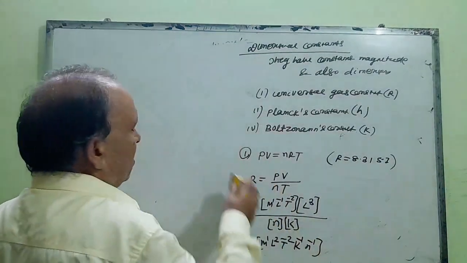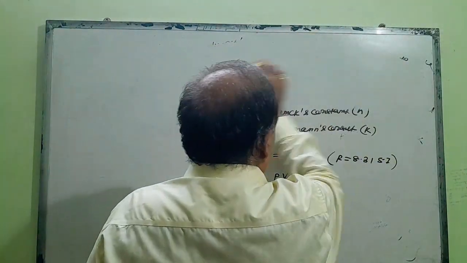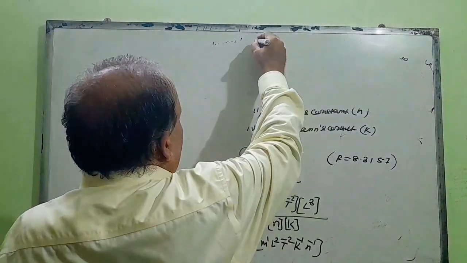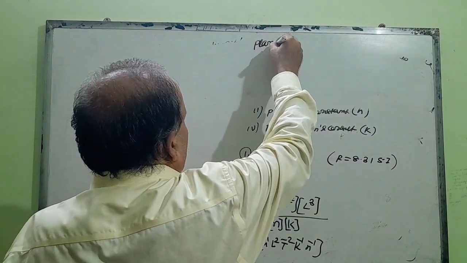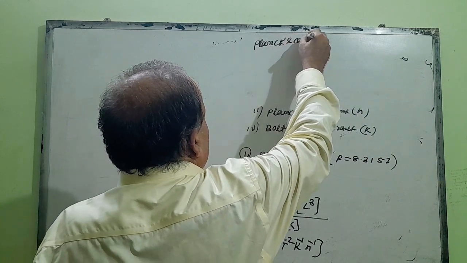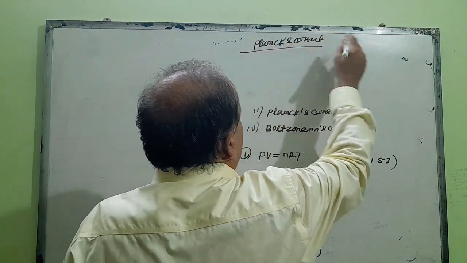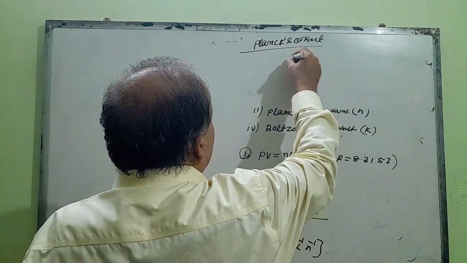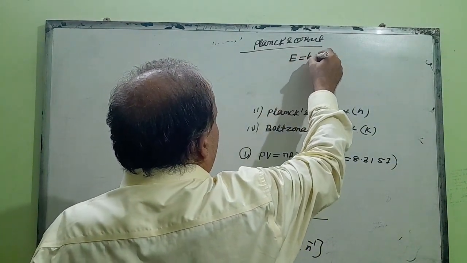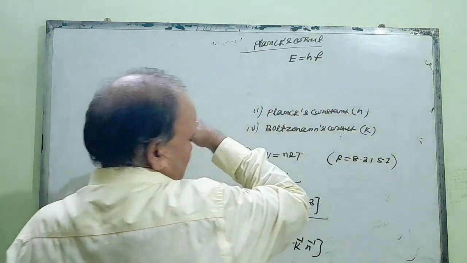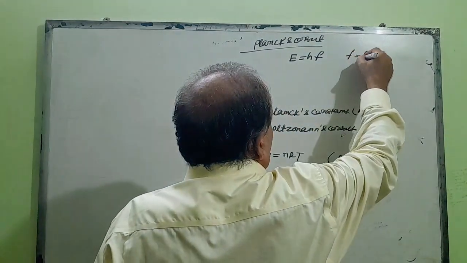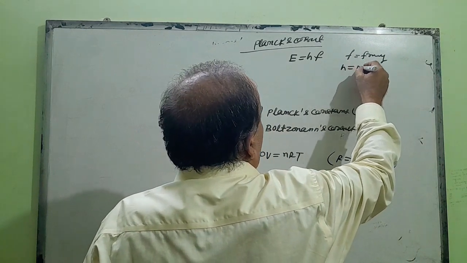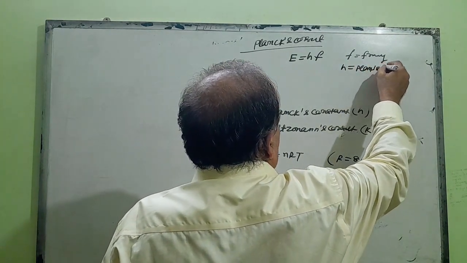Similarly, I am giving you another example, that is Planck's constant. Planck's constant is named after the scientist Max Planck. We know energy is equal to H into F. F means frequency, and H is Planck's constant.